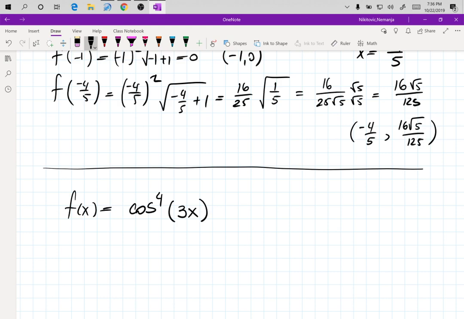If you were to use the product rule, this would become three different factors, right? Because it would be cosine x, 3x. No, we're using chain rule, not the product rule, for the derivative.